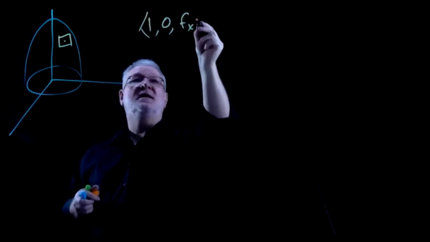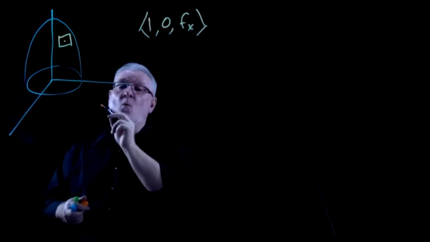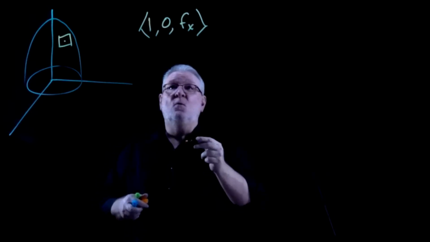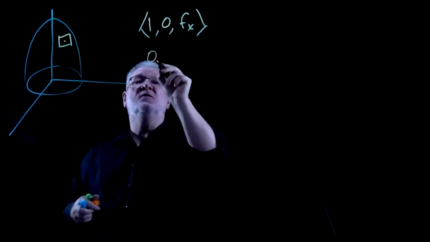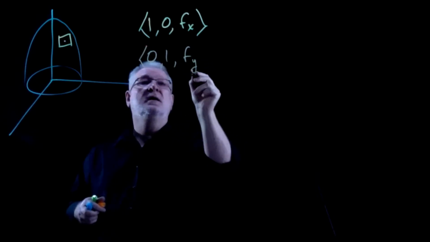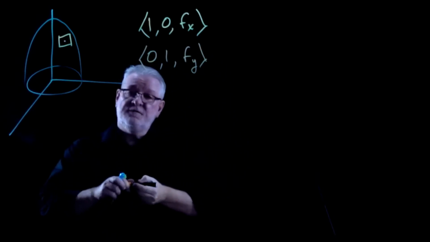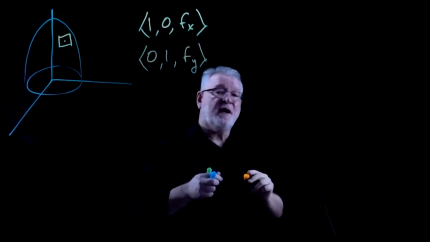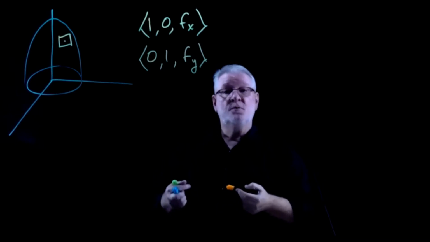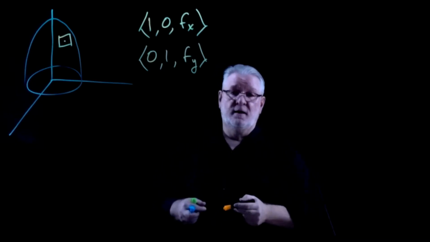And that was basically a vector that pointed along one edge of that tangent plane. The second one was 0, 1, fy. And then finally recall that because these were both vectors that lay in that plane, their cross product could be used to find the area of that plane.